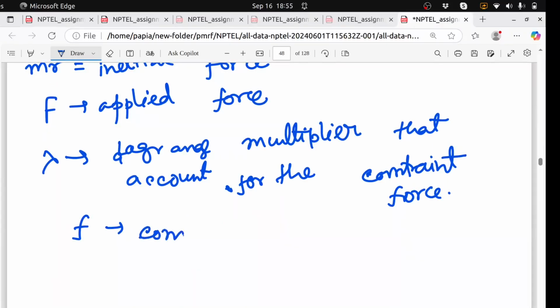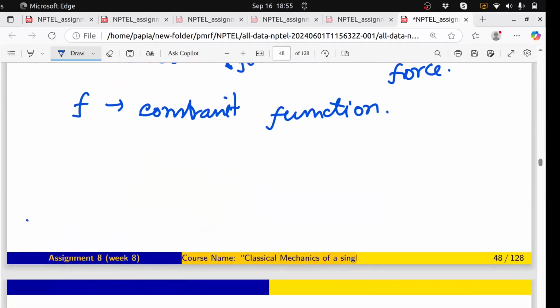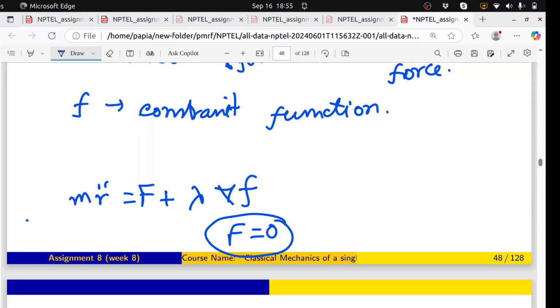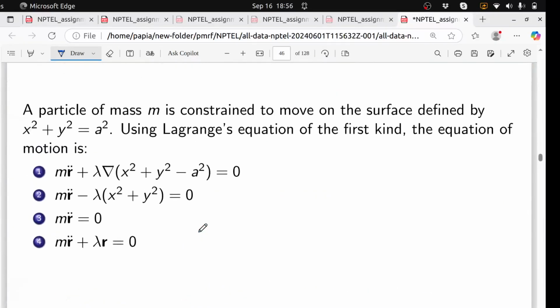And that f is the constraint function. So for this case we can write that m r double dot equals F plus lambda grad f, and in our case right now F equals 0, because in the question a particle of mass is constrained to move on a surface, using Lagrange equation of first kind, the equation of motion is to be found.